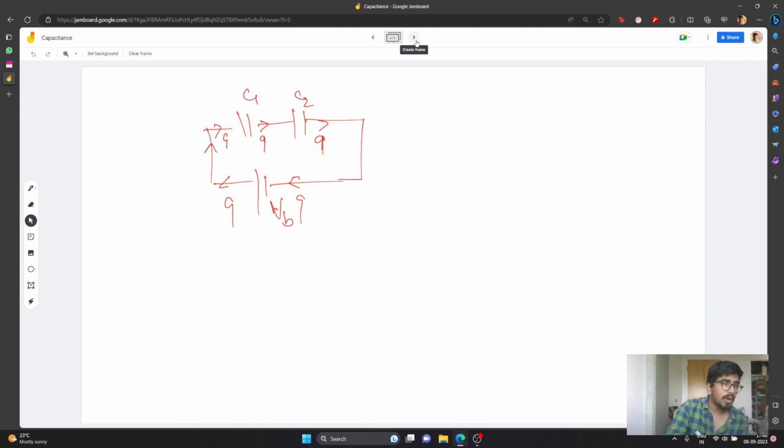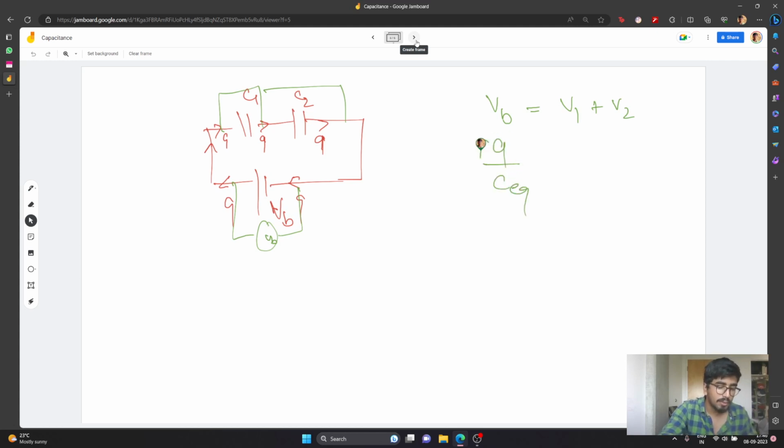Now the pushing power of the battery, V battery, has to be opposed not just by this one. They are teaming up, pushing the battery back together. So the battery's voltage must be countered by the first one and the second one together. And Q equals CV, so this is equal to Q by some C equivalent.